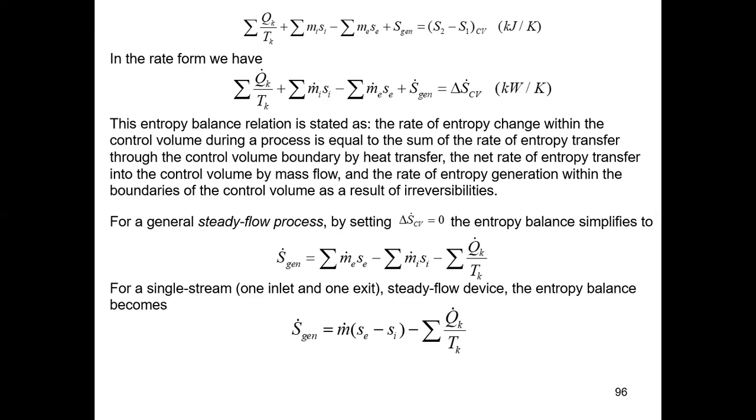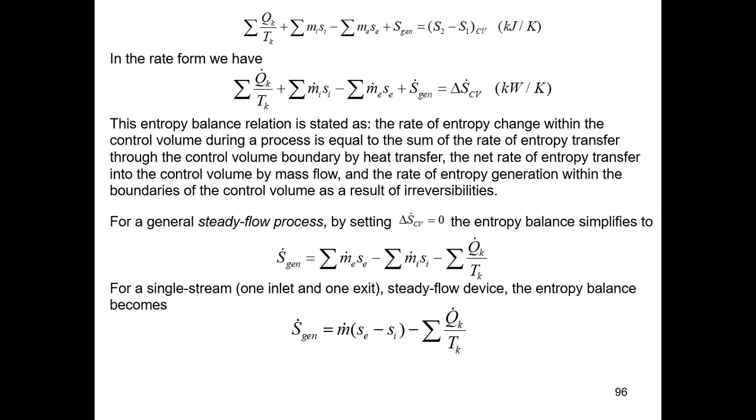The bottom line is, for a general steady flow process, setting delta S of the control volume to 0, the entropy balance simplifies to S dot generated is equal to the sum of m dot entering times s entering, minus m dot leaving times s leaving, minus the sum of Q dot k divided by Tk.